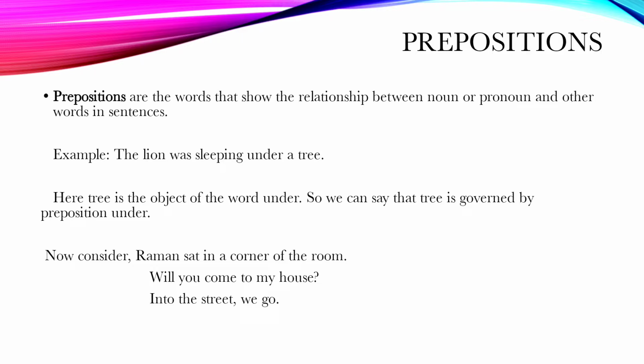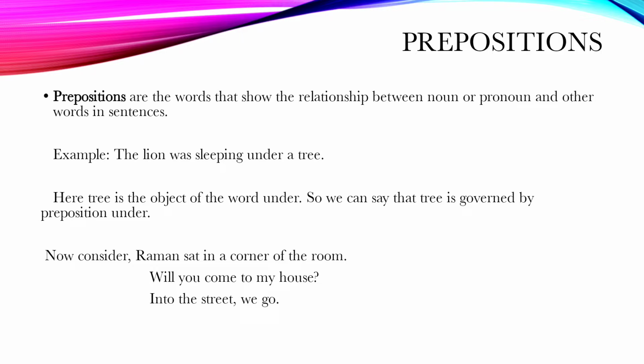The lion was sleeping under a tree. Now you look closely. Here, tree is the object of the word under. Here it's obvious that under is the preposition word, and the object is tree.